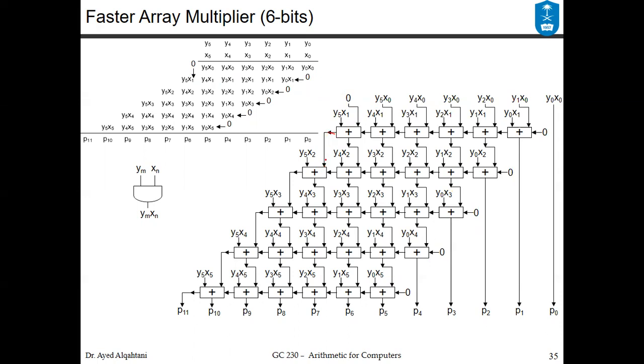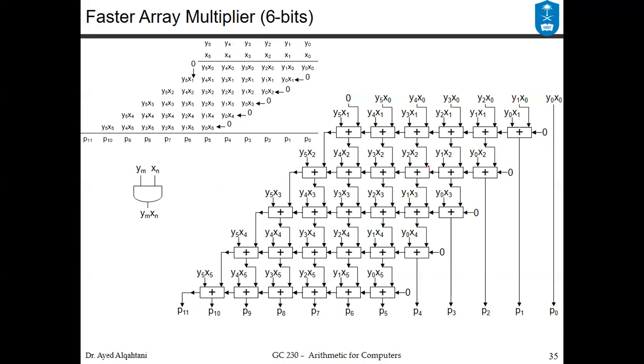So the carry out here is the second operand, and so on. And this way you generate the partial product from P0 to P11. Again, since this is 6-bit and this is 6-bit, then the partial product should be 12 bits, from 0 to 11.